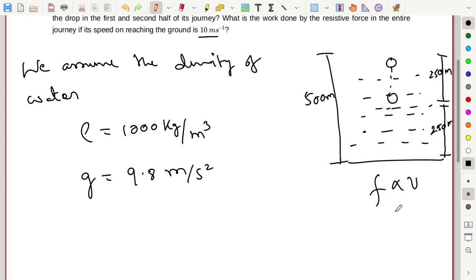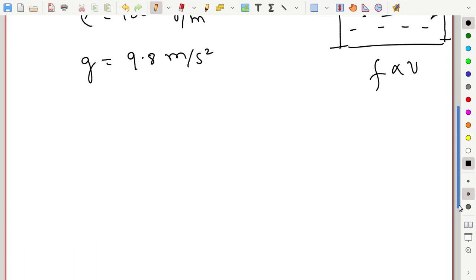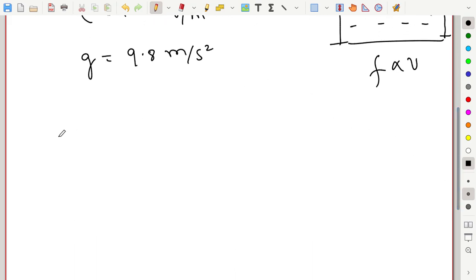So let's calculate the mass because we are interested to find the work done. For that we need mass. In order to find the work done, we will find it either through change in kinetic energy or from the potential energy.